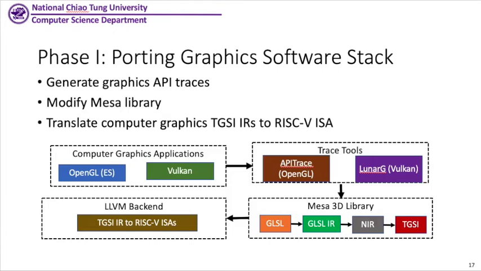We divide this project into 3 phases. The first phase aims to modify the software stack to support the RISC-V ISA. In the beginning, we will collect multiple computer graphics applications implemented with OpenGL ES or even the Vulkan programming API.